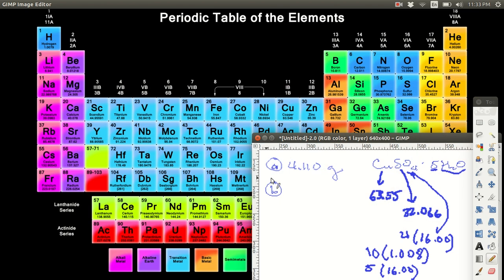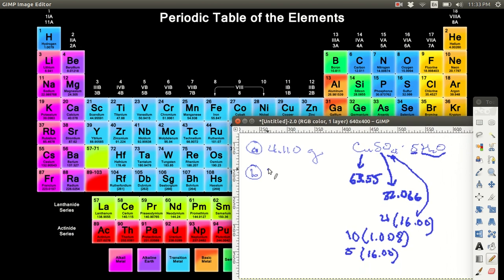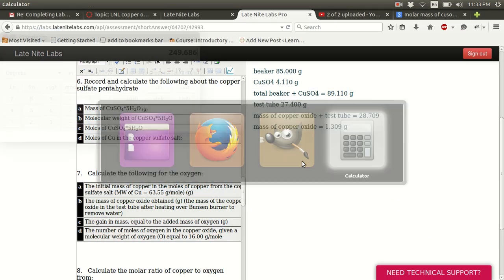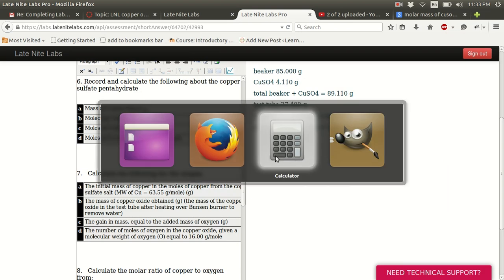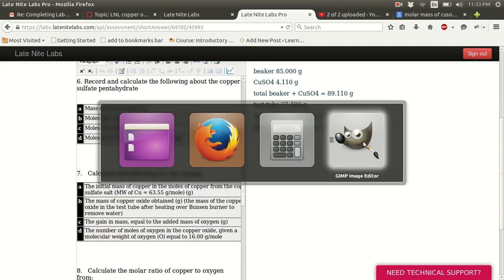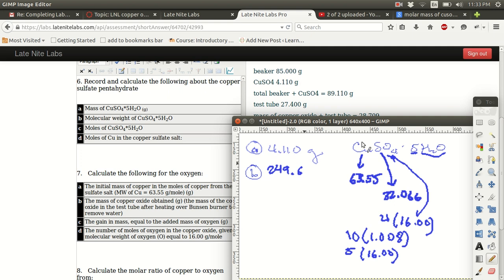Okay, so the answer is 249.686 grams per mole. Sorry about this flipping around here.